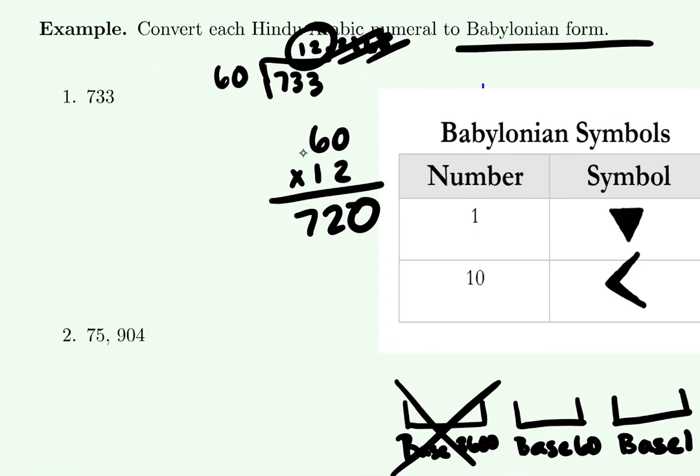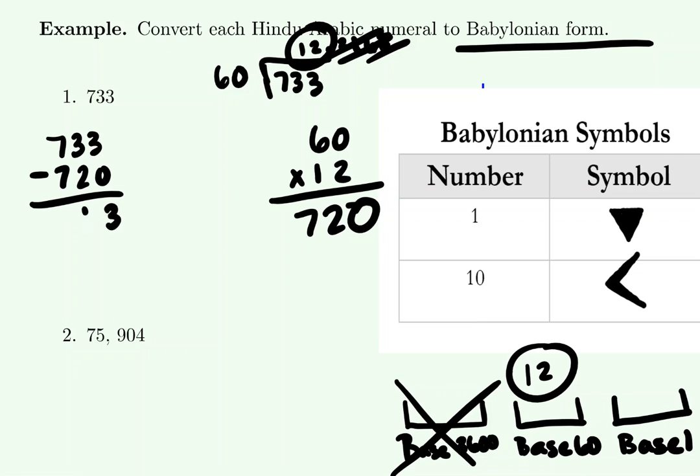So for the base 60, we want to represent that 12 goes with the base 60. We're going to eventually write this in the correct symbols, but 12 goes there. Now, if we have 12 base 60s that we subtract from our original number, that gets us to 720. That means there are only 13 remaining digits that we have to take care of.